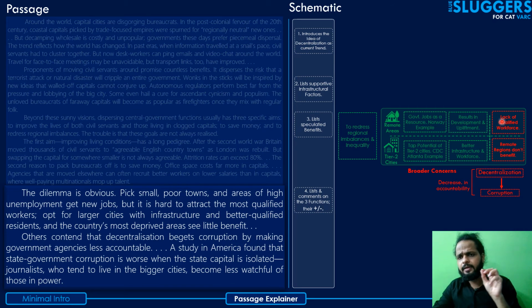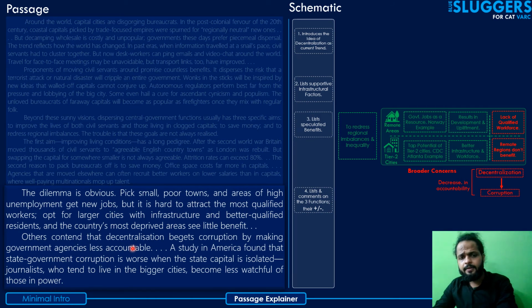He's also cited some concerns with those ideas, but more or less the discussion has been in terms of moving them. Now, in the last paragraph, he looks at the other side of the picture, right? He looks at the direct disadvantages of moving these government agencies or bureaucrats out of the capital cities.